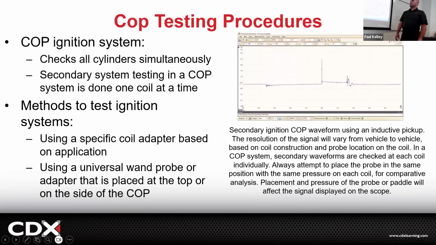So if you want to check cylinder 1, you've got to probe the cylinder 1 ignition coil. Make sense? So this right here is only cylinder 1.